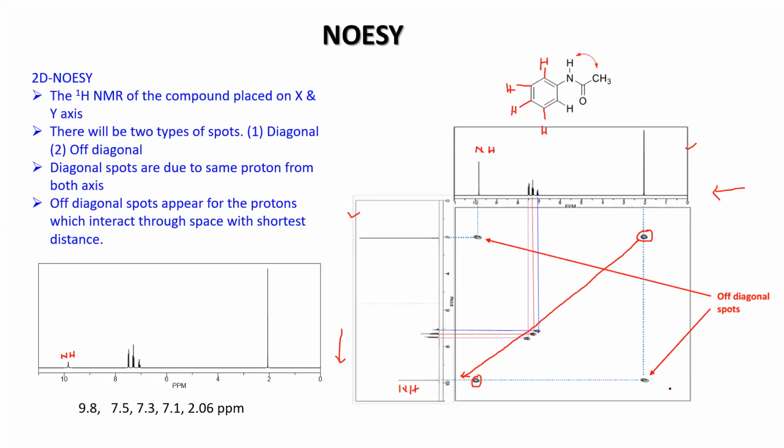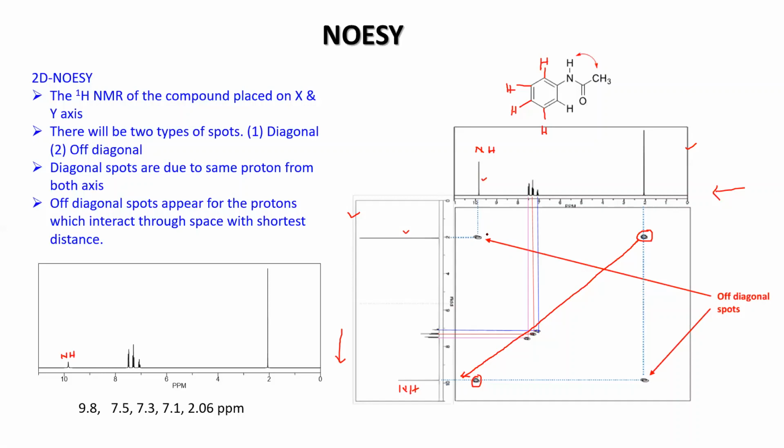So NH and methyl. Now if you look at NH and methyl, they are not connected, but they are close enough, right? So what we see is this NH and methyl are having NOE interaction, the nuclear Overhauser effect. So what we will see here, from Y you have a methyl around 2, and X NH around 9.8.